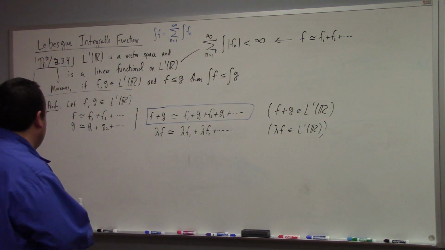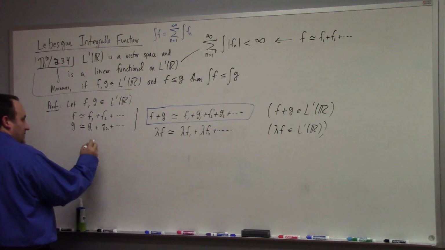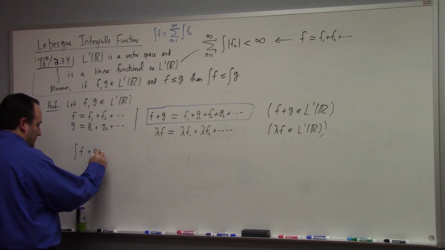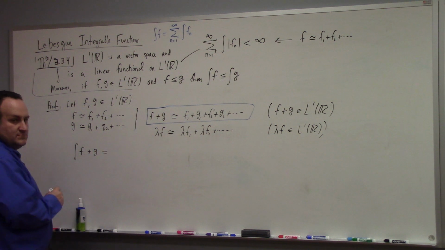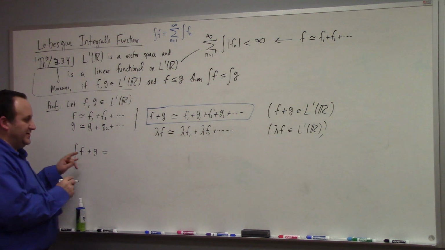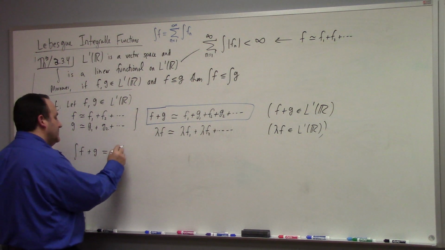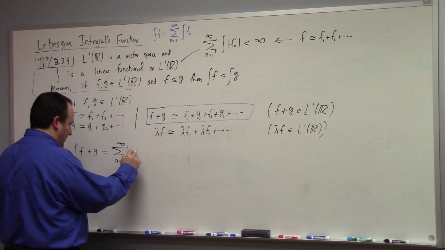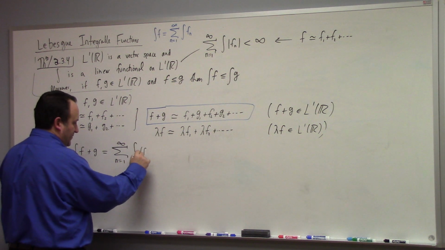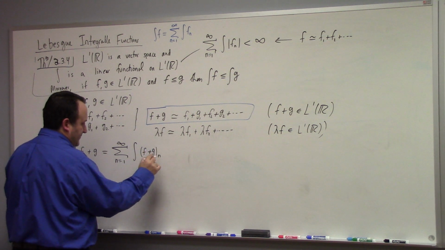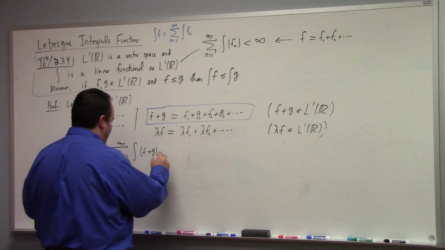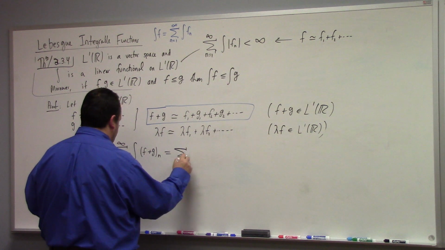So he also says that the integral of f plus g is going to be what? How do you define the integral of f plus g? Well, it is defined to be the sum, n equals 1 to infinity, of the integral of the nth step function of f plus g.